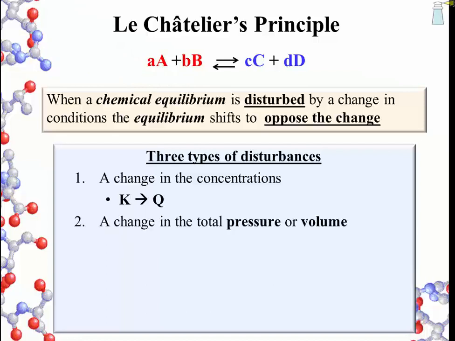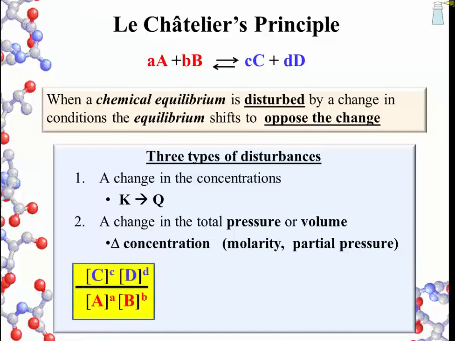The second type of disturbance is a change in the pressure or volume. Ultimately, these types of changes can result in a change in concentration. Add more water to a reaction, and the molarity of the dissolved species will change. Change the total pressure, and the partial pressure of the gaseous species will change. The logic of how the equilibrium reestablishes itself is the same as argued with the first type, change in concentration.